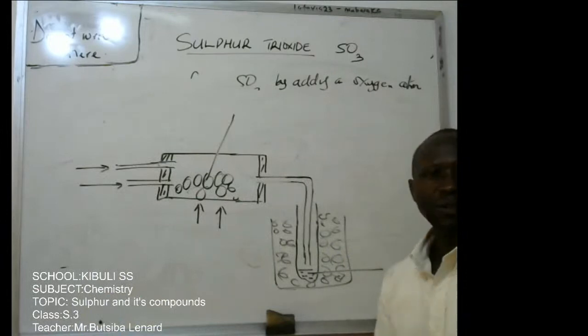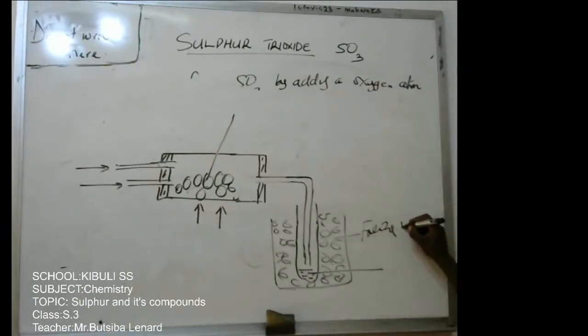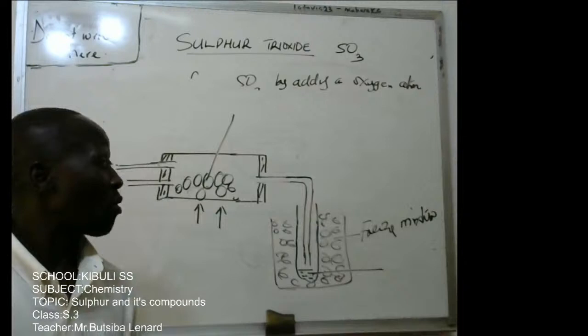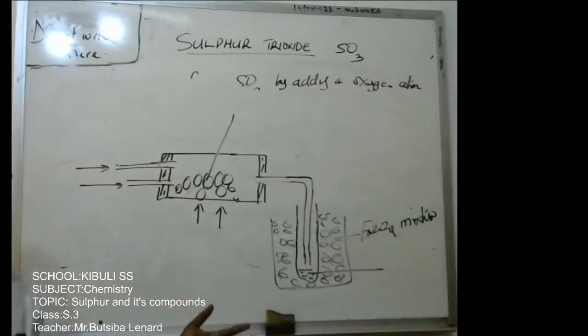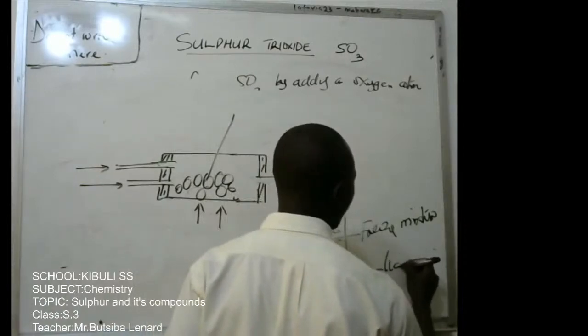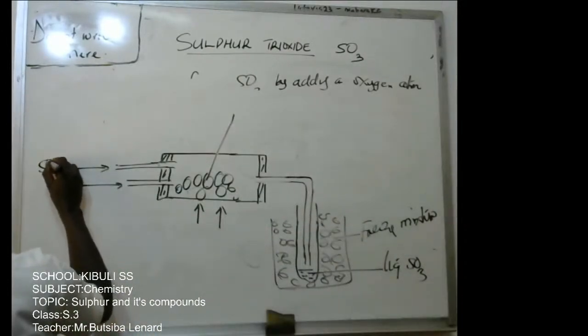And you come up with what you want. So what is this? It's a freezing mixture. What's the purpose of the freezing mixture? The purpose of the freezing mixture is to condense or convert sulfur trioxide into liquid. So this now is liquid sulfur trioxide. This is sulfur dioxide gas.